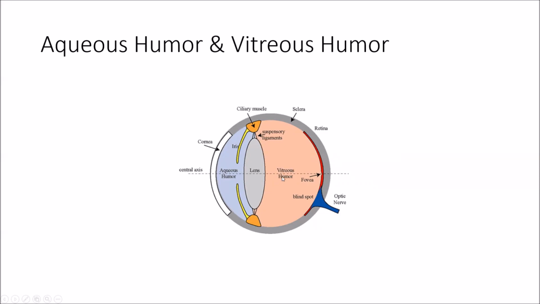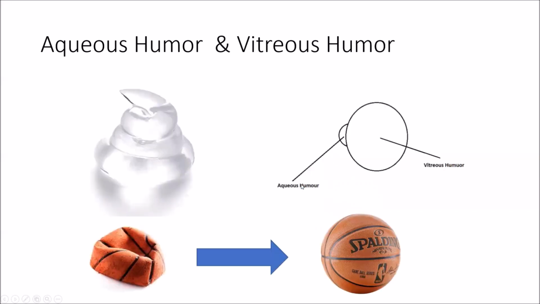Now with the vitreous humor, this is a fluid-like substance that you're going to find inside the back of the eye. These fluids do two things. They help to control the path that the light is traveling as it enters the eye, and they also help to maintain the shape of the eye. So that's the aqueous humor and the vitreous humor. The aqueous humor, you find at the front. The vitreous humor, you find at the back of the eye.